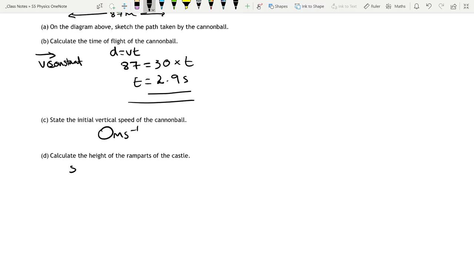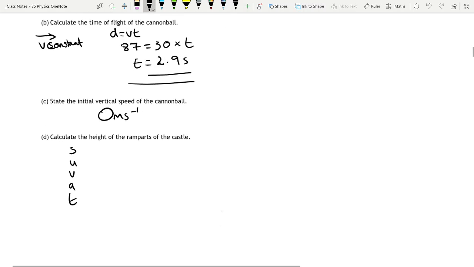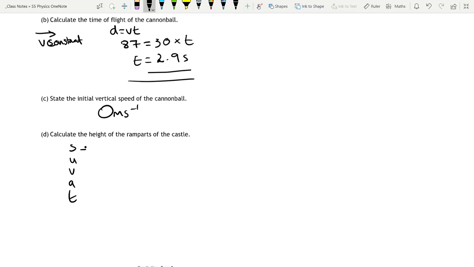So what do we do? We write down SUVAT. S is what we want to find. U is the initial vertical speed, so 0. V, we don't have a final vertical speed. For the acceleration, let's say we use downwards to be positive because it's moving down, so acceleration is going to be 9.8.